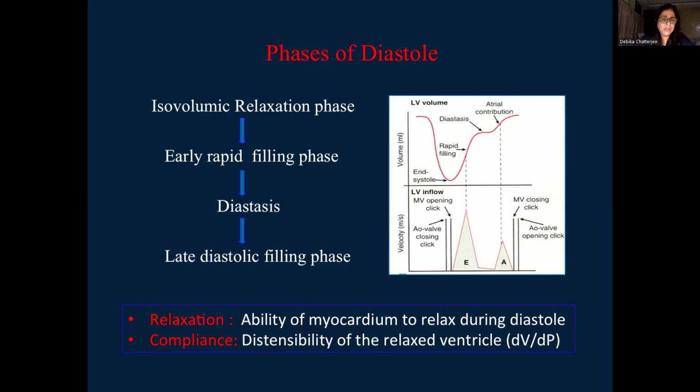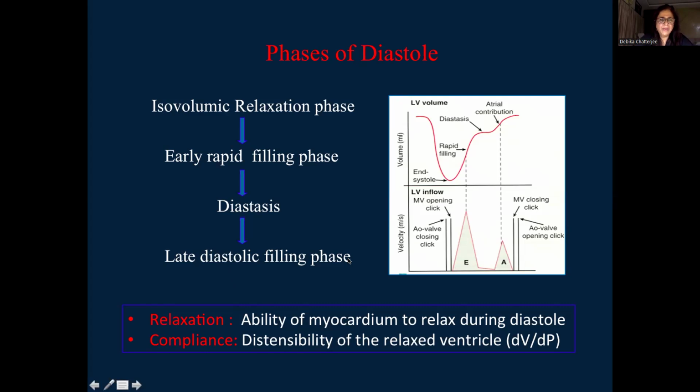Well, the LV is going for the systole? It is almost ready. Only that 20% blood is left in the left atrium. So now, since there is no pressure difference, LA has to contract to eject that amount of blood to the left ventricle. So that phase is called late diastolic filling phase.